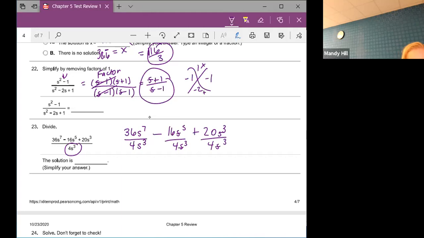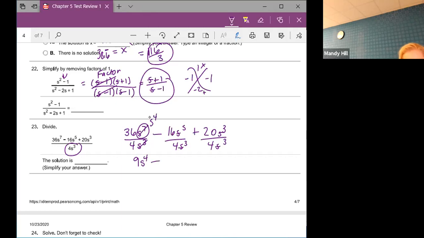Then simplify them one by one. Well, 36 divided by 4 is just 9. The s to the 7 wins because it's bigger than the s to the third. So on the top, we would have our s's, and 3 of these will take away 3 of these. So I would have s to the 4th because 7 minus 3 is 4.